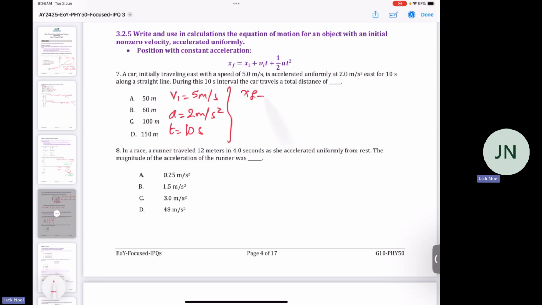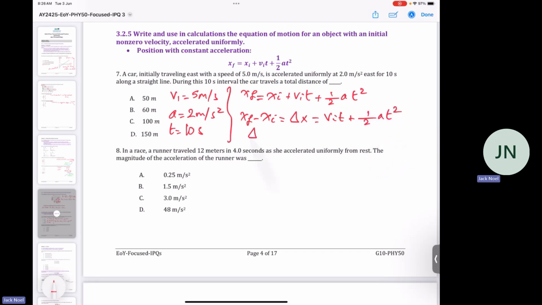So if you have xf equals xi plus vit plus half at squared, you can bring xi to the left-hand side. It becomes xf minus xi, which is nothing but the displacement delta x, equal to vit plus half at squared.